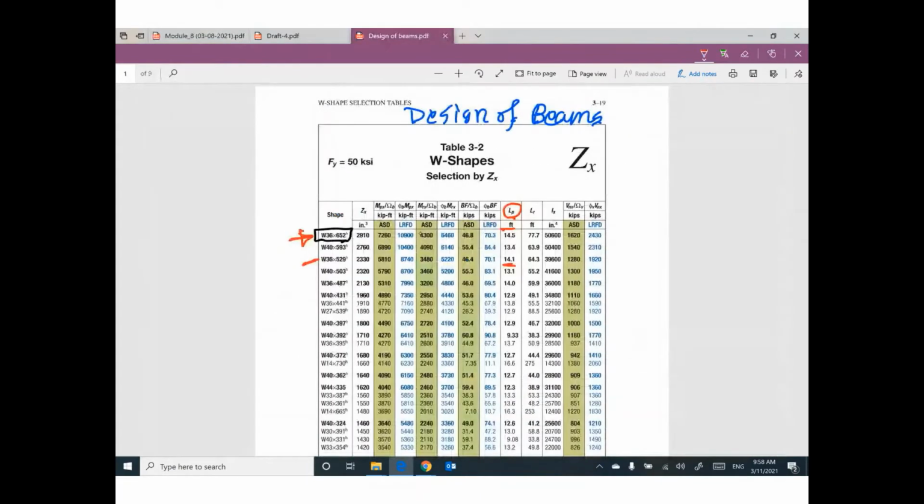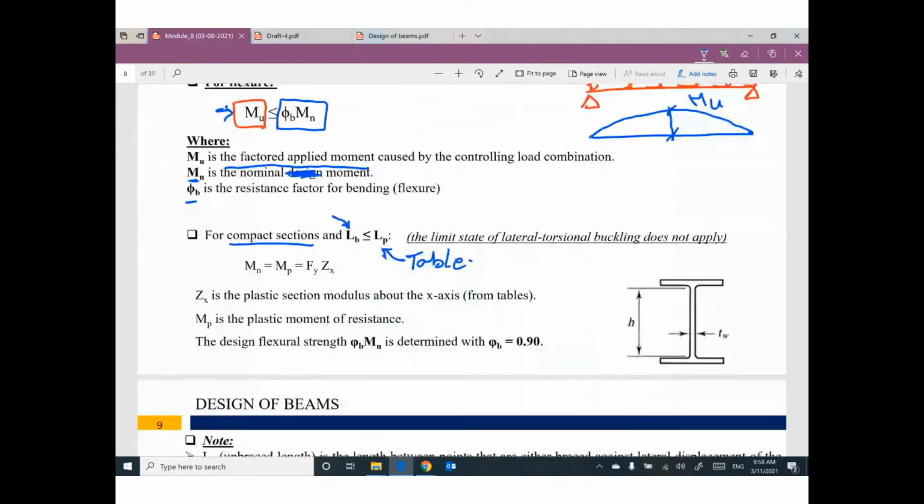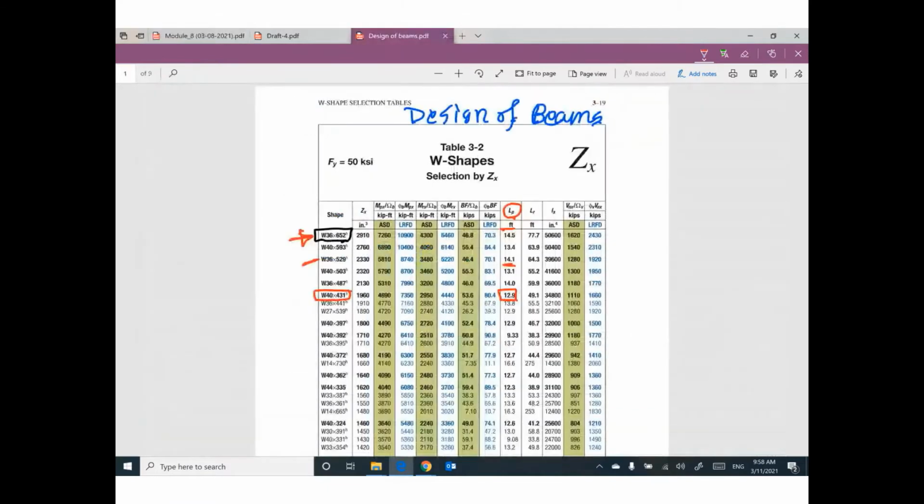Based on your selection of the cross section, from this table, I can define what is the value of LP. If the value of LB, which is unsupported length, is smaller than or equal LP from the table, I can say the nominal moment for this cross section equal F yield times ZX. What is the value of ZX? The plastic section modulus. From the same table, you can find ZX.